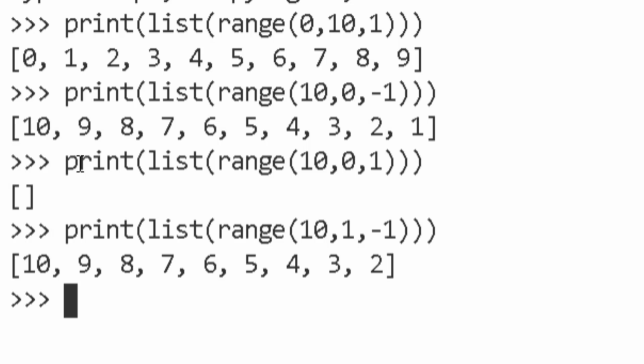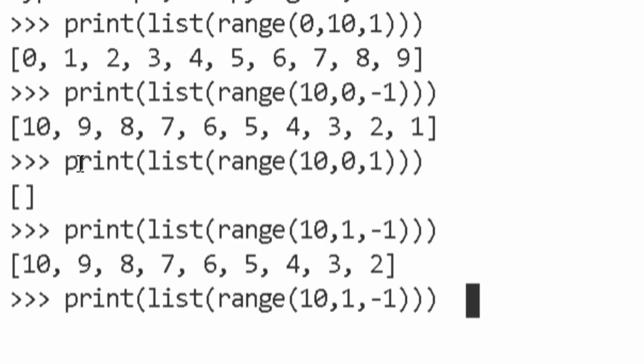Okay, as you noticed, when you apply it that way, it will print 10 up to 2. How about if I print 100, start with 0, and this will be -3?